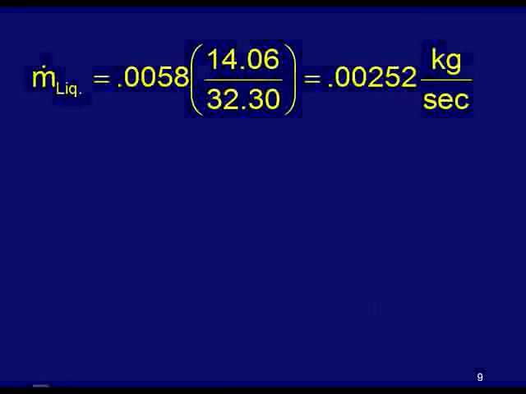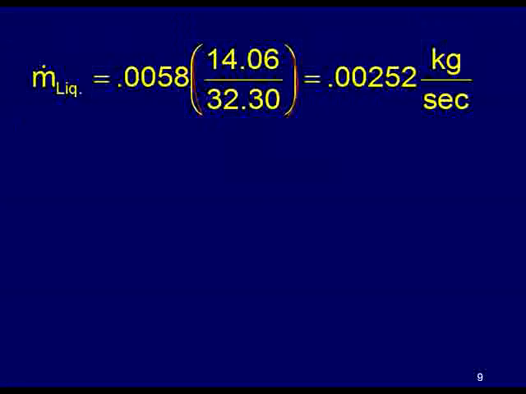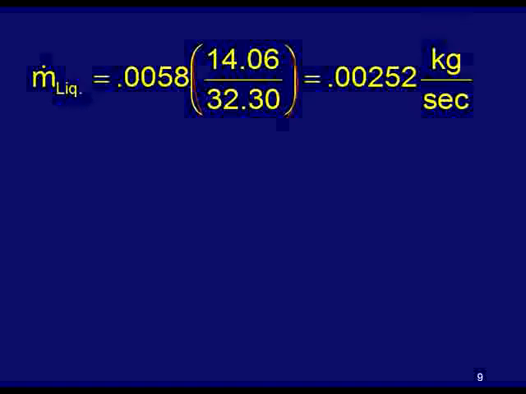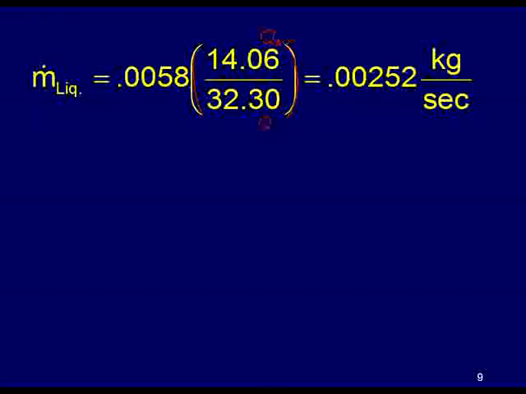Next, the mass of the liquid will scale according to the same ratio, this 14 divided by 32. Remember, this is the Q actual, and this is the Q for our basis of 1 kilogram per second.